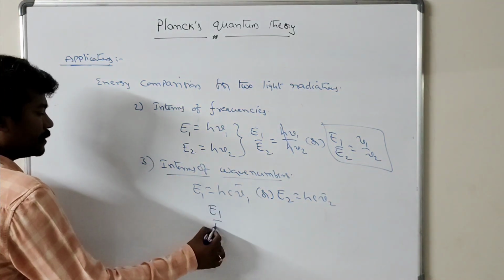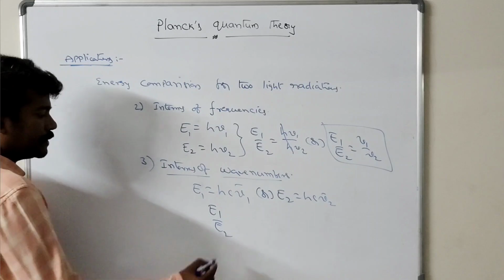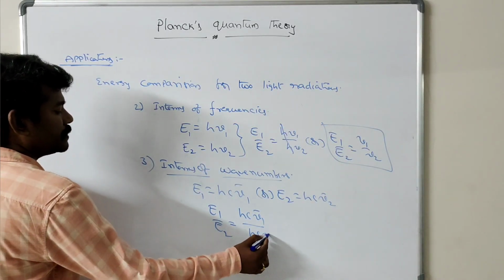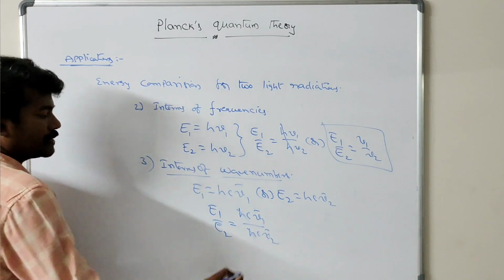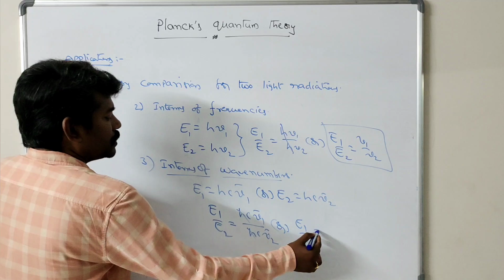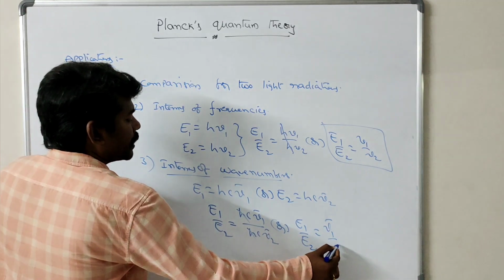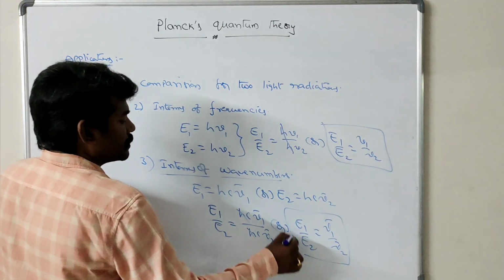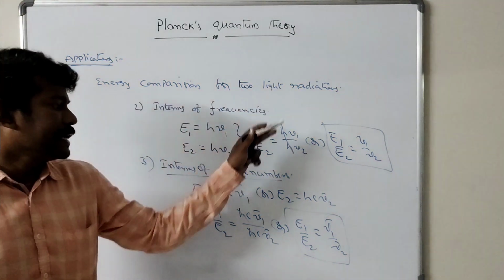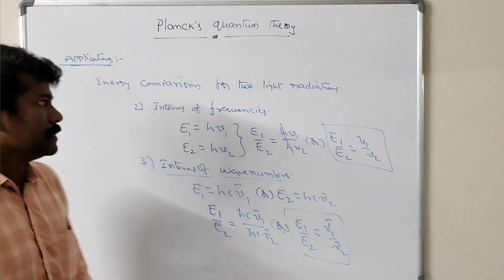So the ratio of energies E1 by E2 is equal to hc nu 1 bar by hc nu 2 bar. hc is cancelled, which gives E1 by E2 is equal to nu 1 bar by nu 2 bar. This is the energy comparison of two light radiations in terms of wave numbers.